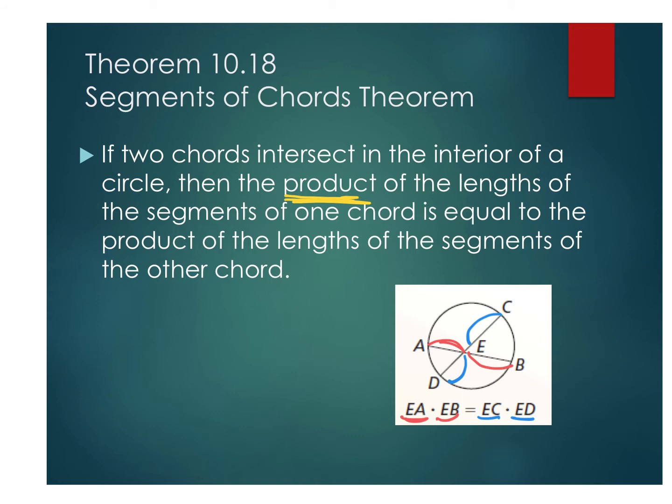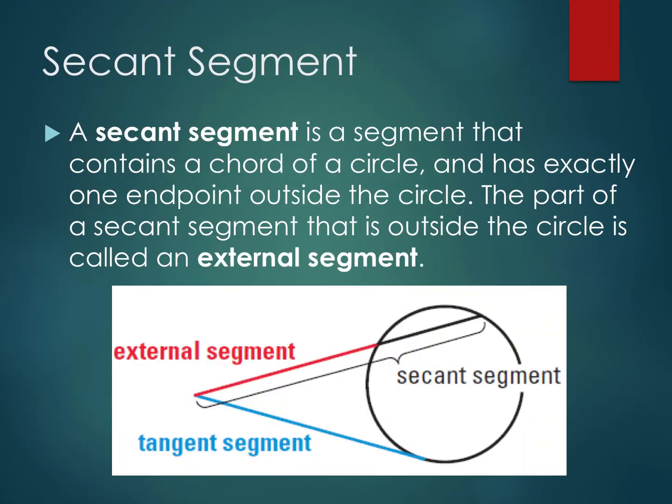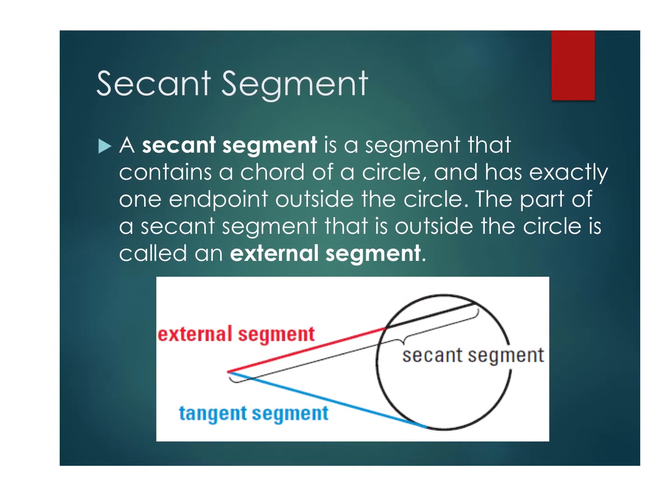The next is a definition, and this is the definition of a secant segment. Generally, a secant is a line, but in this case, it's going to be a segment, and a secant segment is a segment that contains a chord of a circle and has exactly one endpoint outside the circle.